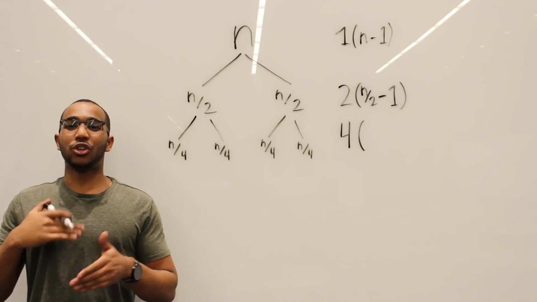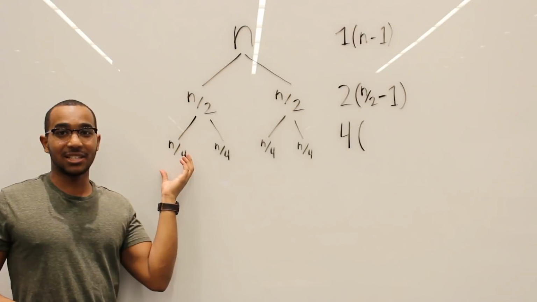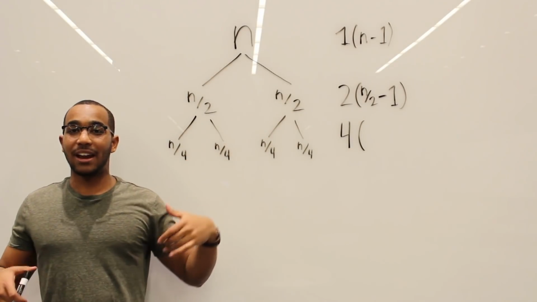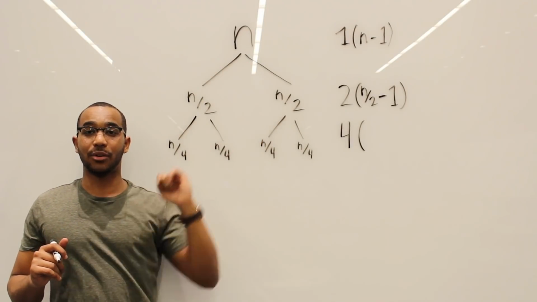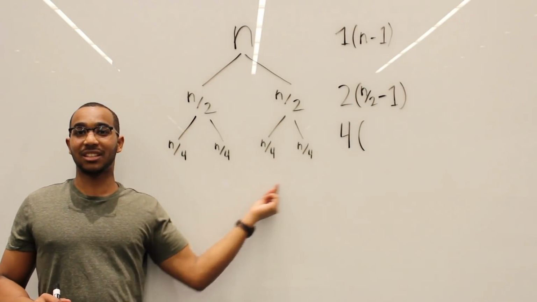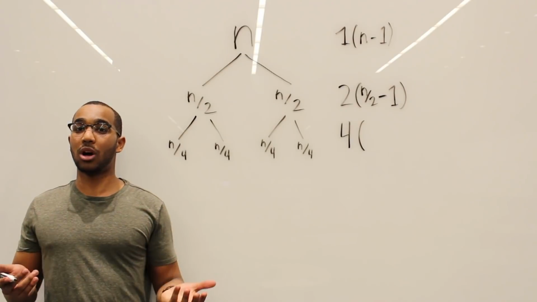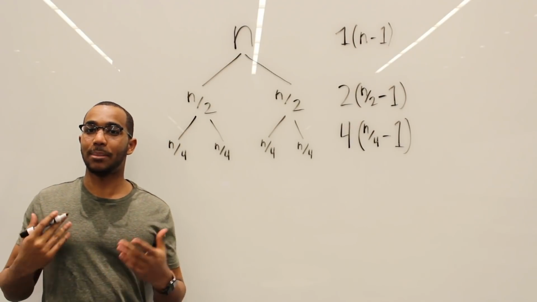And as a fractional component of n, the original size of the input, not the size of the input at each of these levels, what we can do is put n over 4. That is the size of the input as a component of the original input, because that's what just happened. We split, and what we have at this level is that exact quantity. So it becomes n over 4 minus 1. And we're going to keep going downwards. So let me express that.